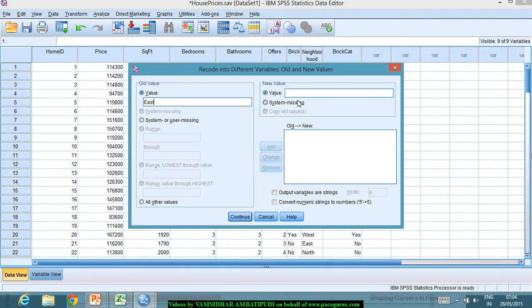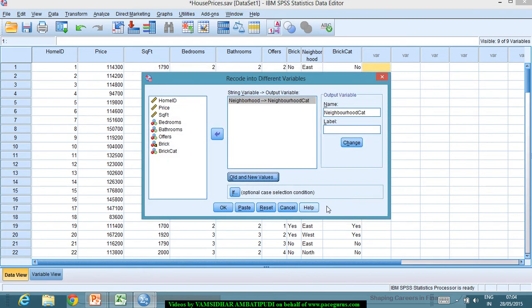If it is east, I'll replace it with 1. If it is west, I'll put a value of 2. I can add something like this: if it is north, I'll put a value 3, and if it is south, I'll put a value 4.